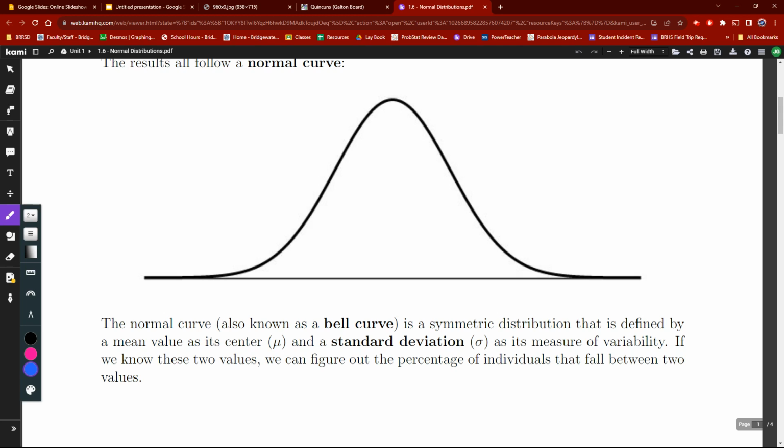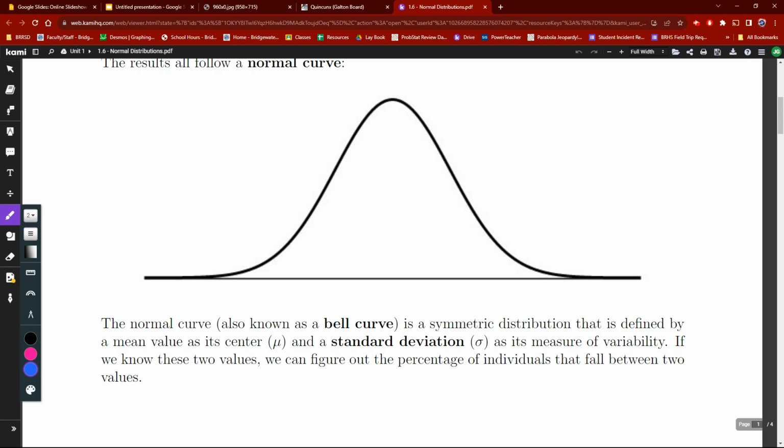The standard deviation in a normal curve puts set guidelines for where we expect certain percentages of all the values to lie. Okay? So remember, just like we had quartiles when we were looking at the box plot that told us where each 25% would be, the standard deviation is going to mark out certain percentages over the entire normal curve.